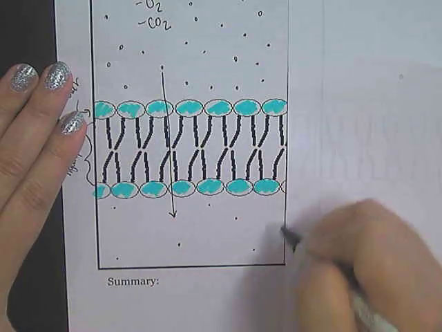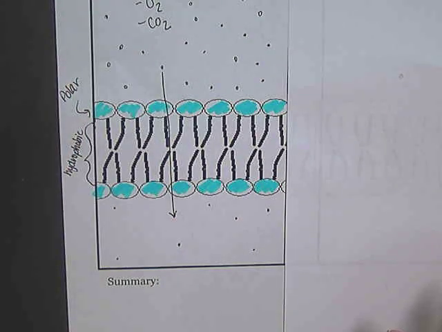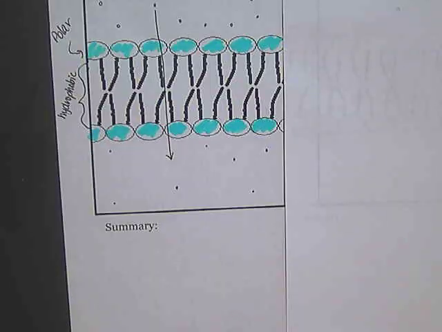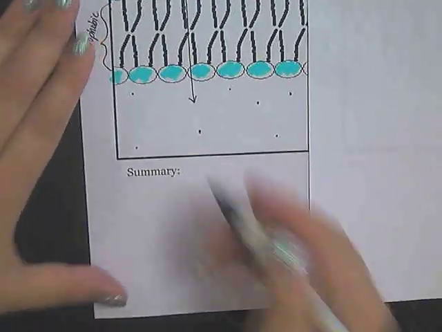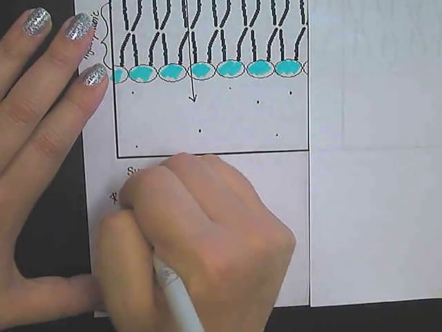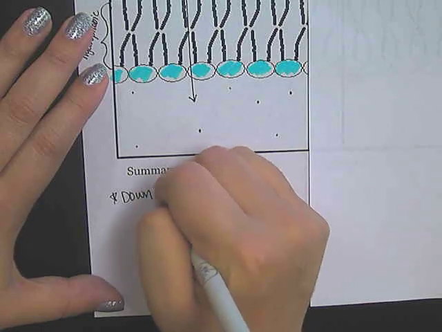And one of the terminology that I need for you guys to know is the idea of down its concentration gradient. So small nonpolar molecules are going to be able to diffuse what we call down their concentration gradient.